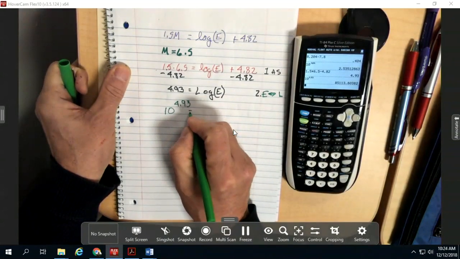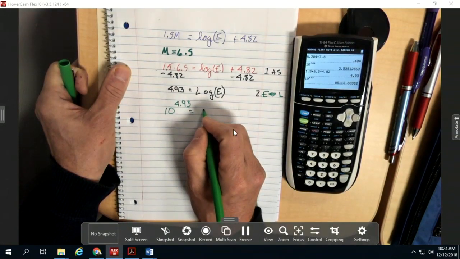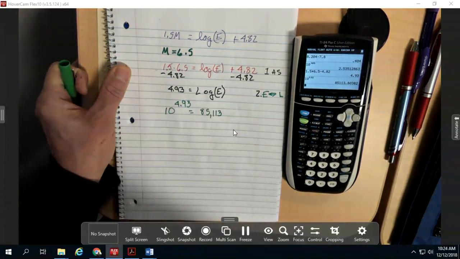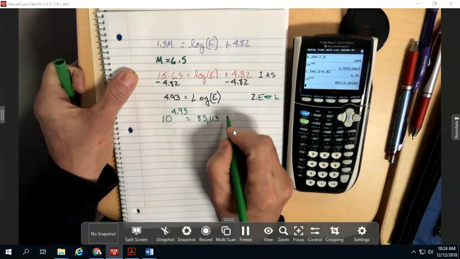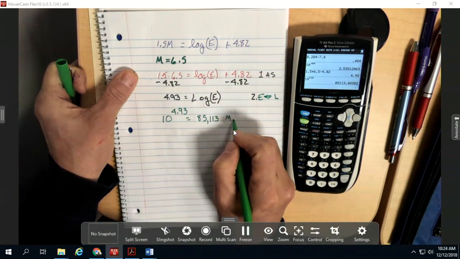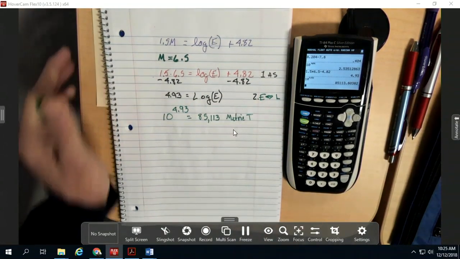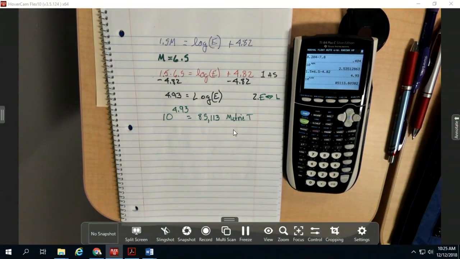So it's equivalent to 85,113 metric tons. Or we would say 85,000 metric tons of TNT.